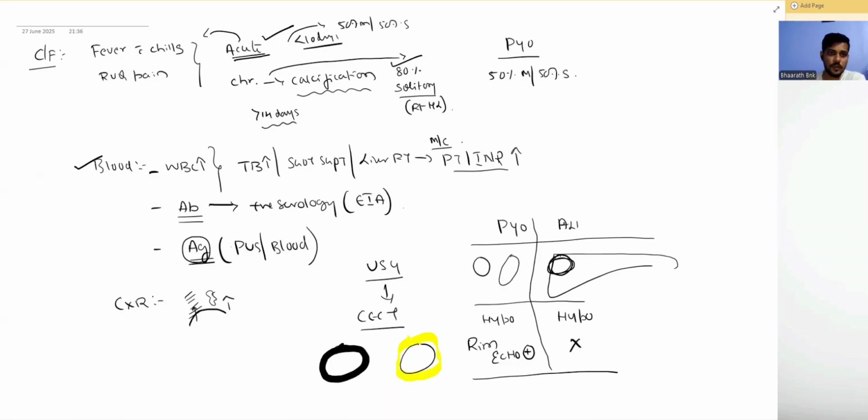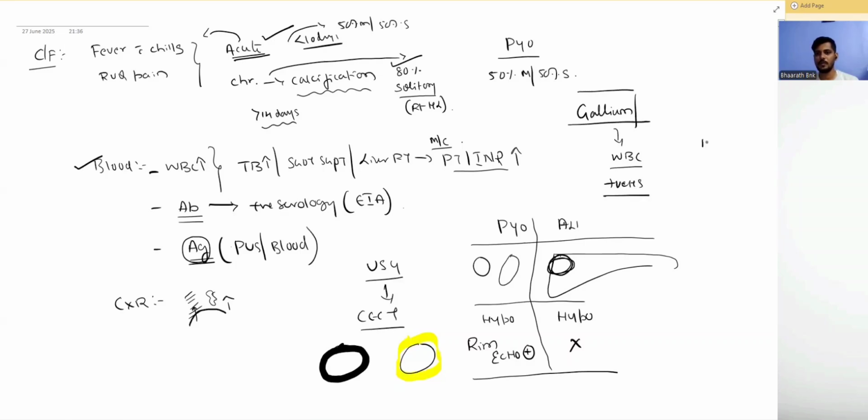Now, with this also, we are not able to differentiate. Sometimes a gallium scan can be done. Right. So a gallium scan can be done. This gallium is taken up by WBCs. Right. So what happens in pyogenic abscesses is that neutrophil infiltrates are present within the abscess cavity also. So because these neutrophils are present within the abscess cavity, those neutrophils will take up this gallium and there will be a positive heat signature.